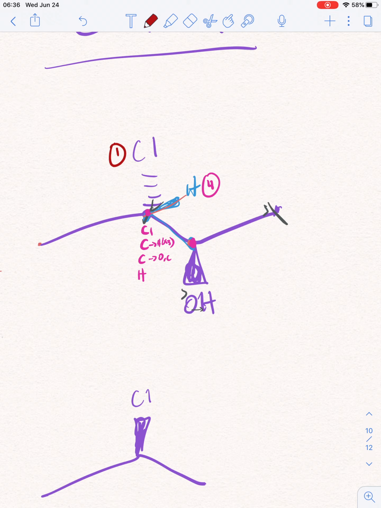Because direct connection is only a carbon and a carbon. We're not directly connected to this oxygen and all this other stuff, right? We're only directly connected to that carbon. So, chlorine's 1.